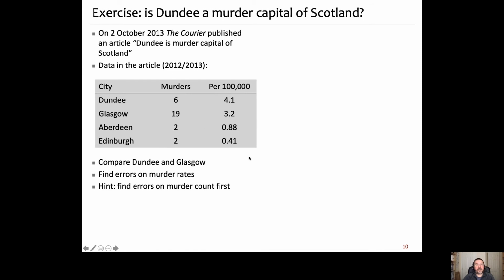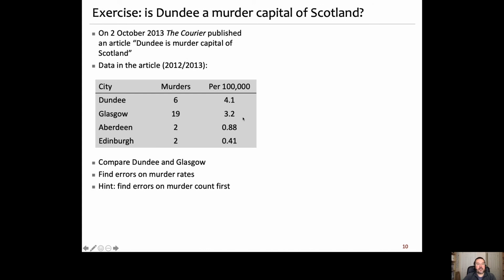They also mentioned the murder rate per 100,000 inhabitants. According to this table, Dundee has the highest rate, 4.1, followed by Glasgow with 3.2 per 100,000 inhabitants. Now, these are numbers, but there are no errors here. There are no uncertainties, so we really don't know how different these numbers are.